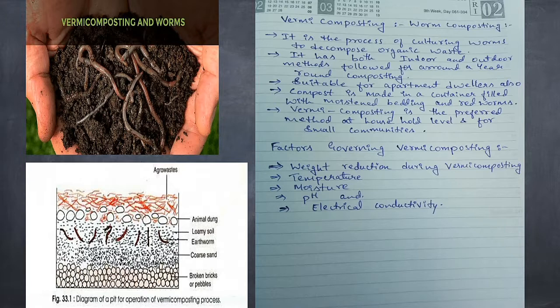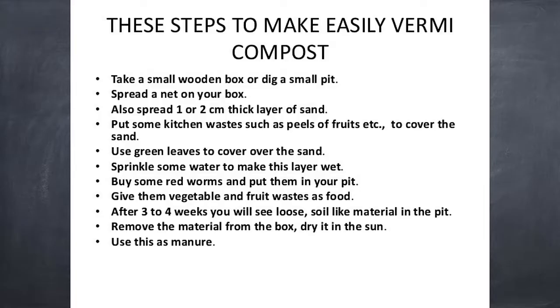The temperature and moisture content we have to know, and even pH has to be maintained, electrical conductivity also has to be maintained, and weight reduction is nothing but how much the weight decreases after decomposition; they consider even that a main point. And these are the basic methods followed for vermicomposting.